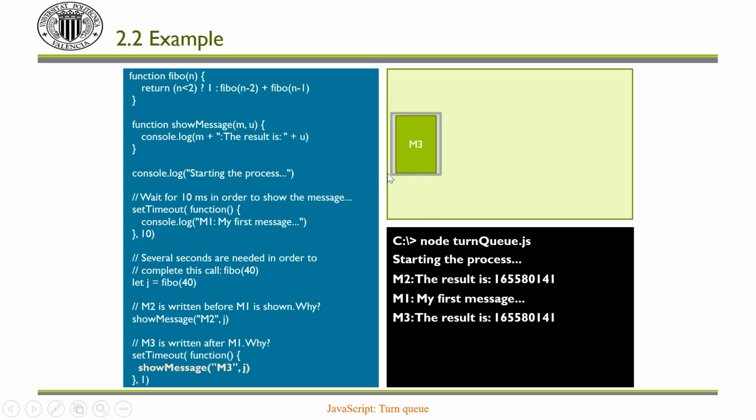We have seen in this example that each one of those calls to setTimeout is placing another activity in the turn queue. But those activities aren't executed immediately when this time interval has happened.